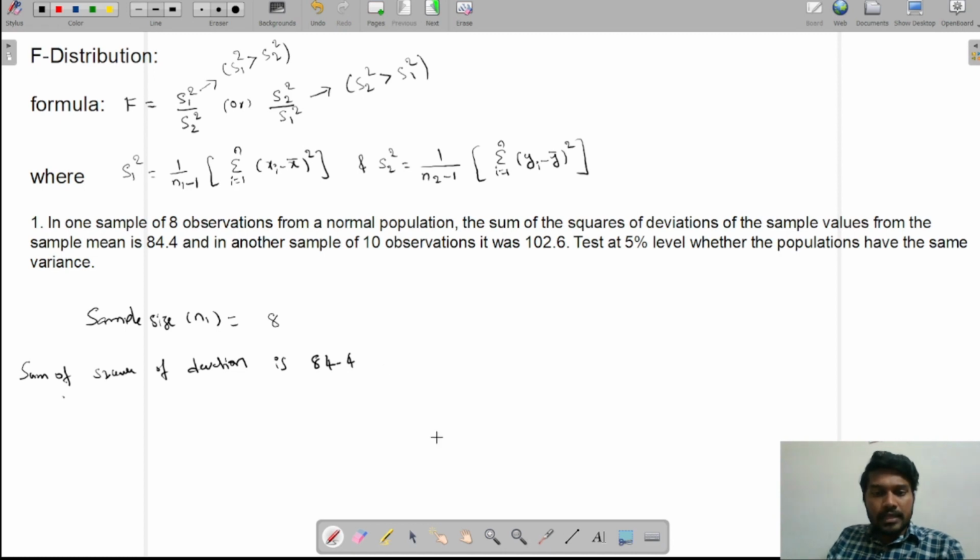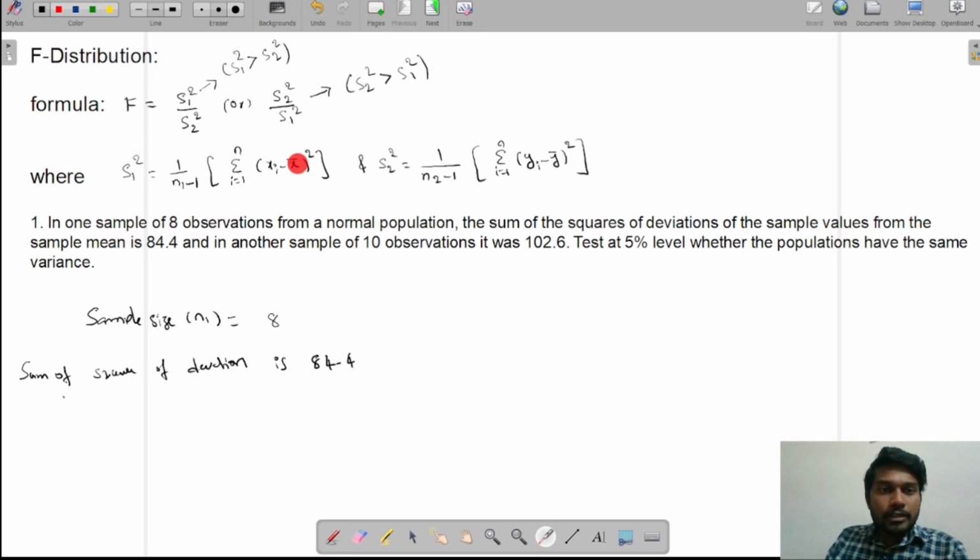Given in the question, sum is nothing but summation, and the sum of the square of the deviation. Deviation is nothing but a minus, can I say? Minus of which values? The question says deviations of the sample values from the sample mean.